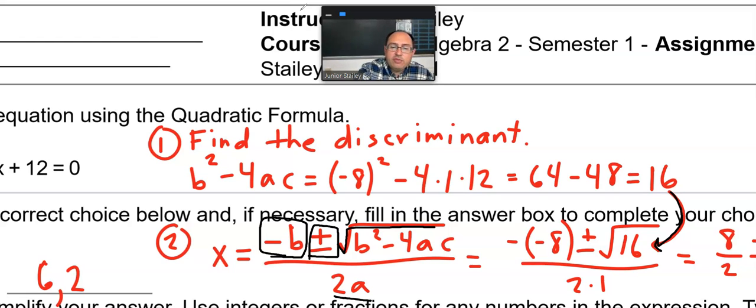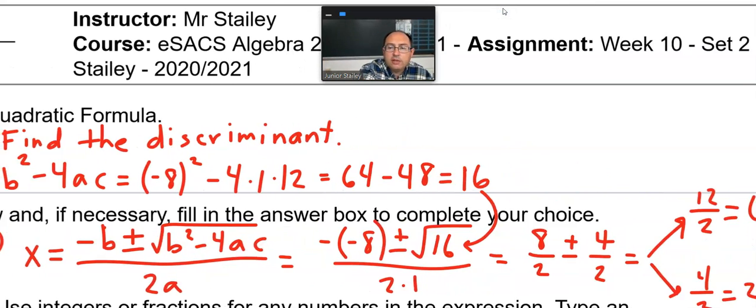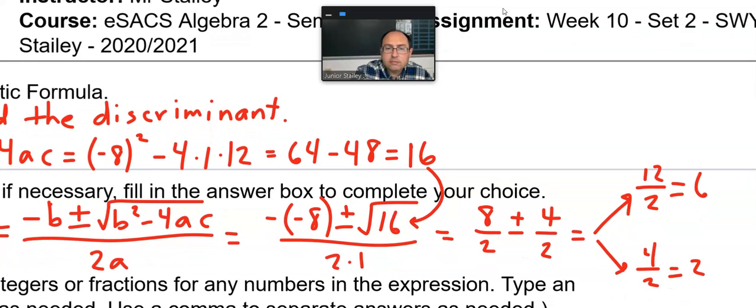And then on the bottom, 2 times whatever your a value is. So we had the opposite of -8. Yes, that is positive 8. Opposite of -8 is positive 8 over 2.